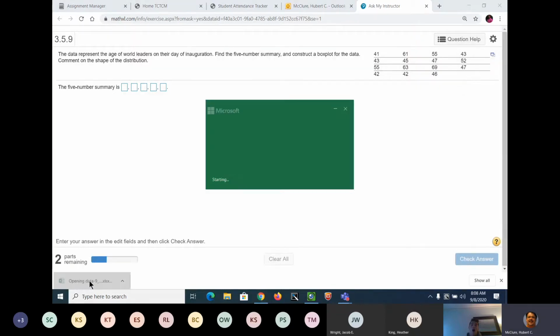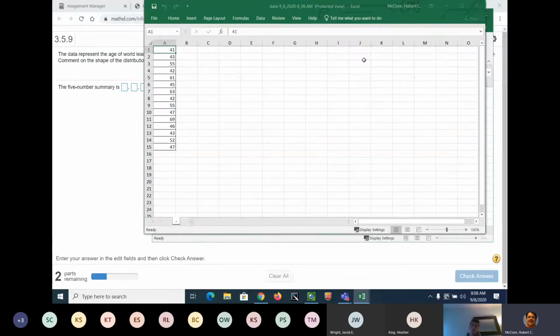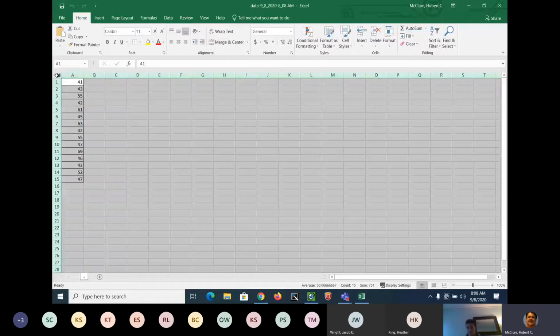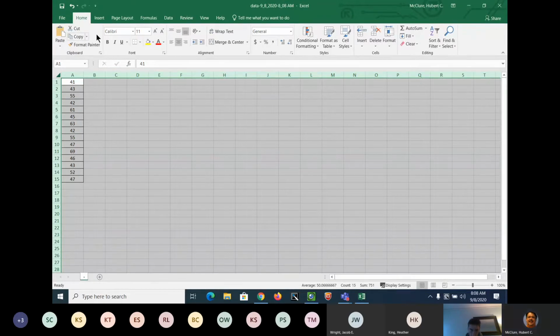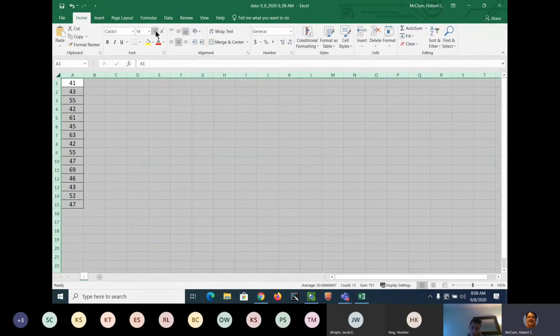This is where the Excel spreadsheet really pays for itself, because y'all can all see the Excel spreadsheet on the screen. So it really helps to have the Excel spreadsheet via virtual learning. Let me make it a little bit bigger for you, and let's also do the grids so you can see the grids.